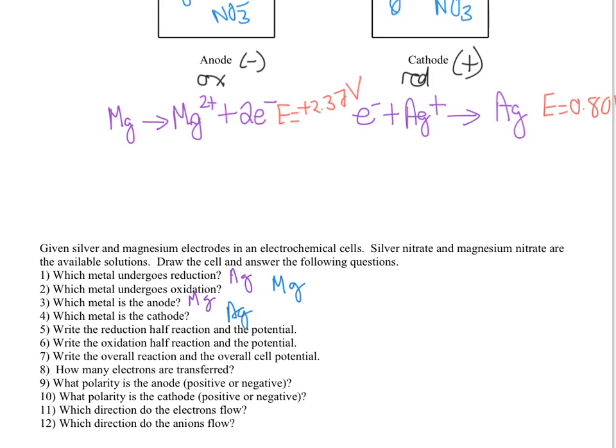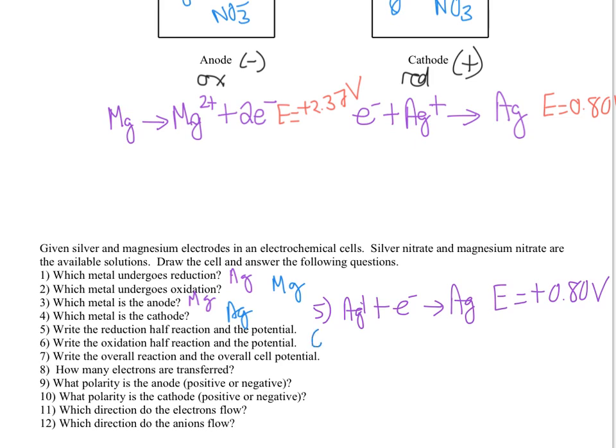Number 5 says, write the reduction half reaction and the potential. We already did that, it's right here, but I'll write it anyways. So number 5, you have Ag+ plus an electron yields Ag, and your potential is positive 0.80 volts.